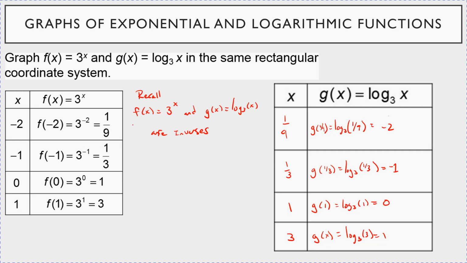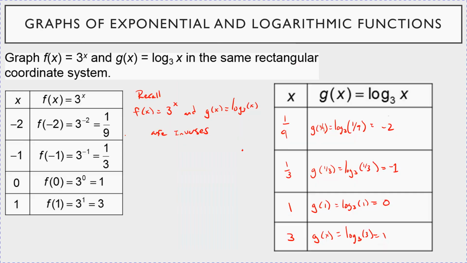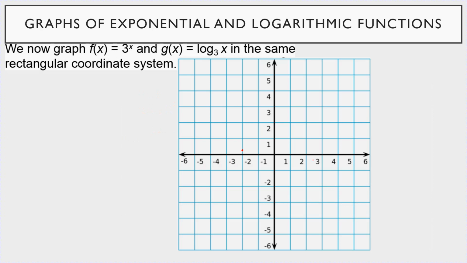So with the inverse functions, if I wanted to graph log base 3 of x, I would use the exponential and then just flip the points around here. All right, so let's graph them on the same system. I'm going to graph f of x first. -2 is 1/9, and -1 is 1/3.